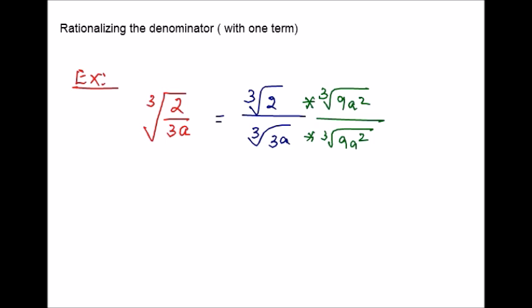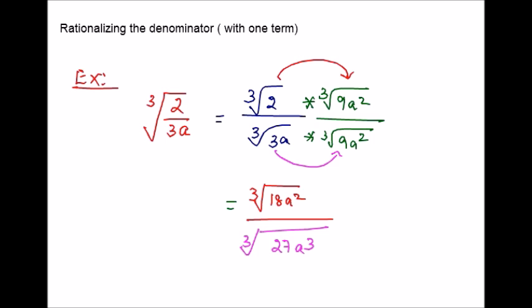Let us check whether the denominator has a perfect cube under the cube root or not. The top row numerator would become cubic root of 18a square. Now the denominator, 3 times 9, 27. So the denominator would become, we have performed fractional multiplication. Now we have to make sure all the radicals are simplified or not.